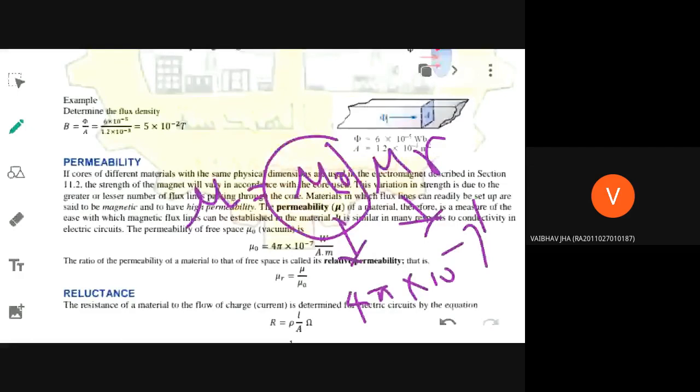Thereby, for any free space, mu will be equivalent to 4 pi into 10 to the power minus 7 only. But when it comes to a magnetic material like iron or cobalt or steel, depending upon the material, you will have different values for mu r. So mu will be equivalent to mu naught and mu r.